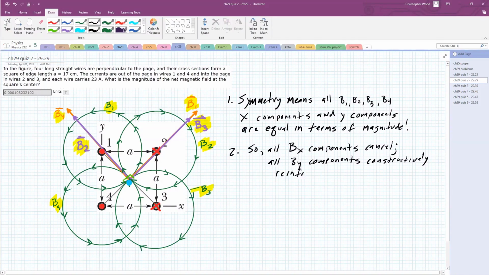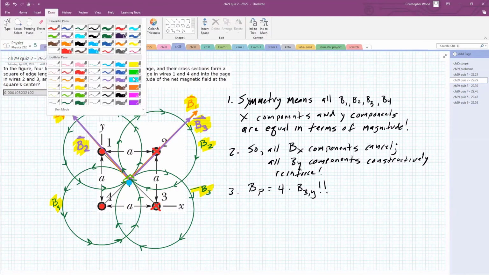So if that's the case, let's just say B1 at point P equals 4 times B3 net. And I'm saying B3 just because it caught my eye. B3Y. All right, all I'm going to do is take vector B3, which took me a ton of work, a ton of thinking just to get to B3.